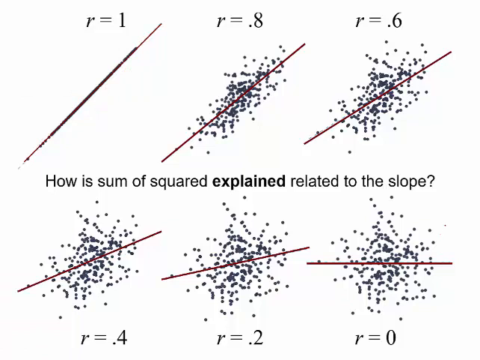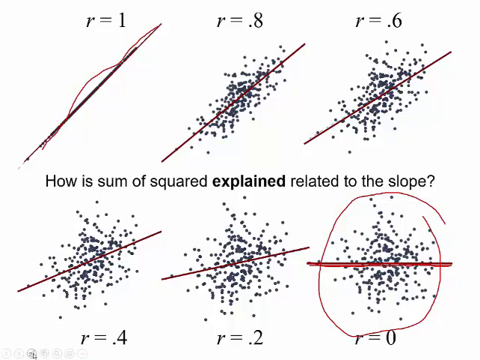Whereas if we have a zero correlation, then our slope is flat, and nothing's explained, and it's all error. So if we have a perfect correlation, everything's explained, and we have zero error, because we can predict people's scores perfectly. That means we've explained everything. If we have a zero correlation, we can't predict anyone's scores, and it will be all error, and nothing will be explained.